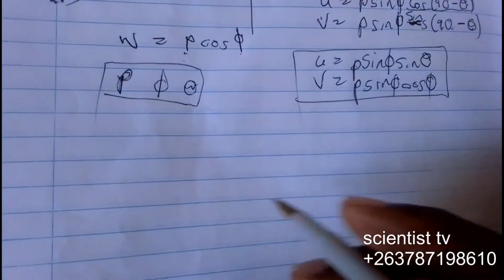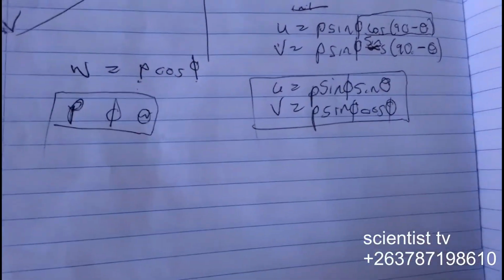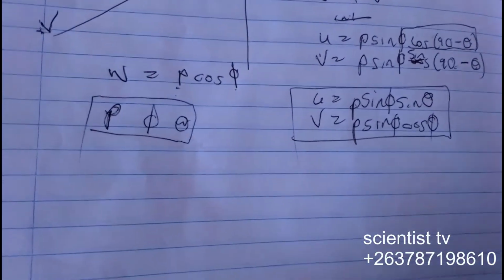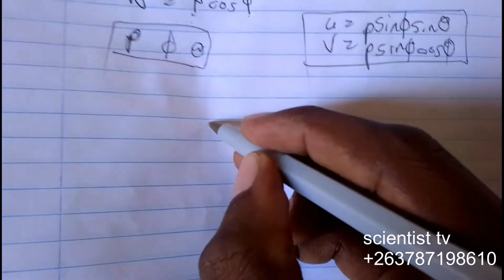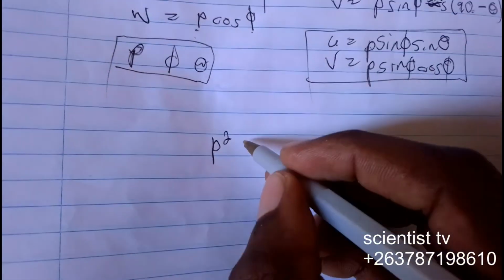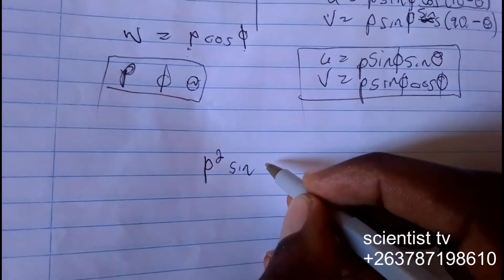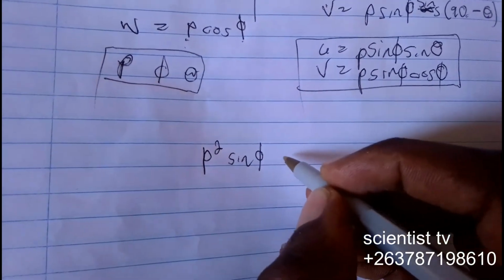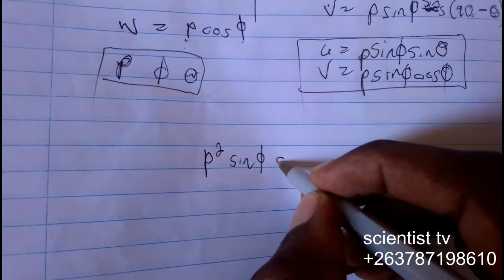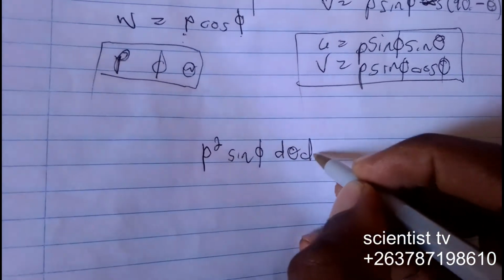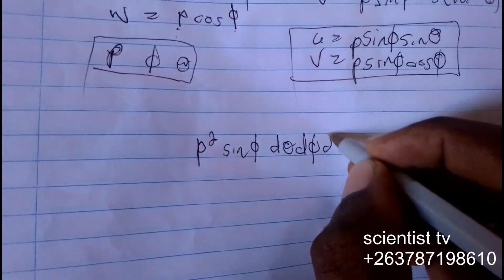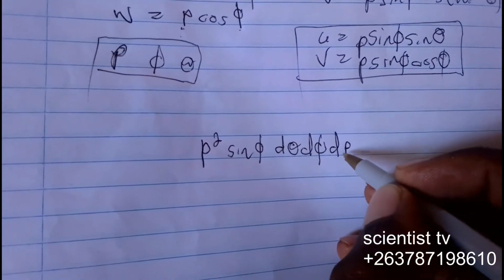You do a Jacobian transformation, but what you will get is rho squared sine phi d theta d phi d rho.